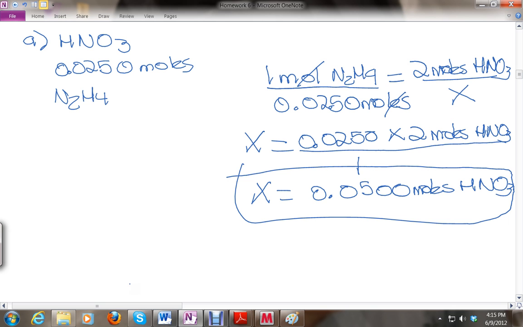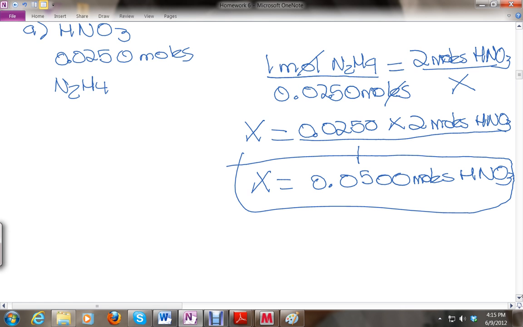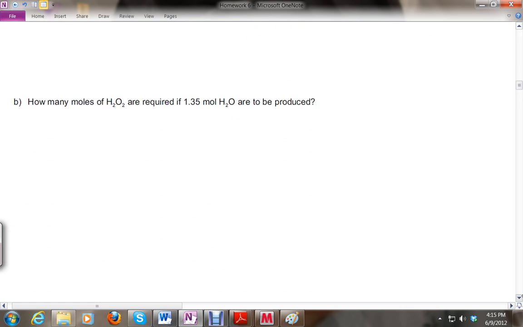Okay, let's go with letter B now. How many moles of hydrogen peroxide is required if 1.35 moles of H2O are to be produced?